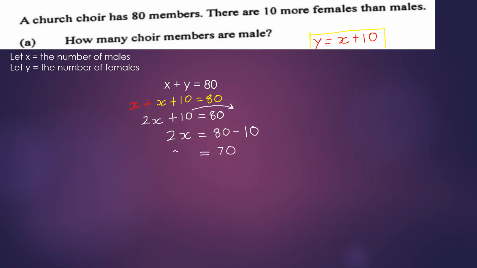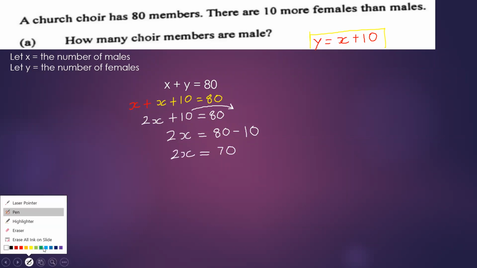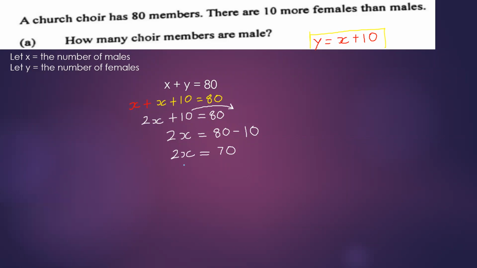And we have 2x. So what are we going to do at this point? We divide both sides by 2. We cancel out.